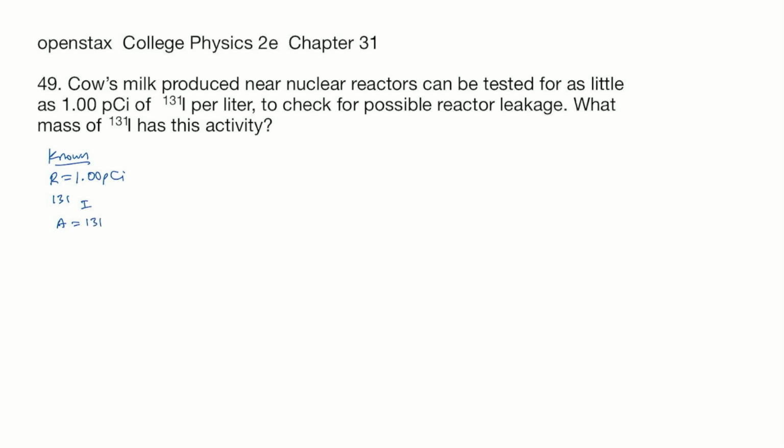We can see table B for the half-life, and we can find that T1/2 is 8.040 days, and that table B is in College Physics 2E.